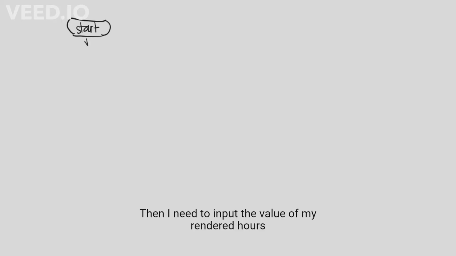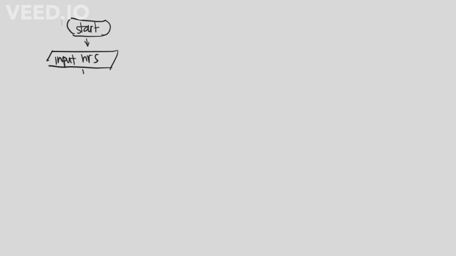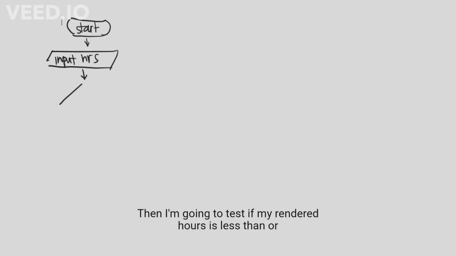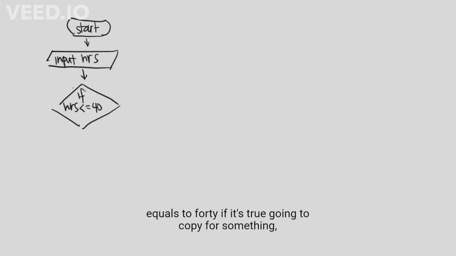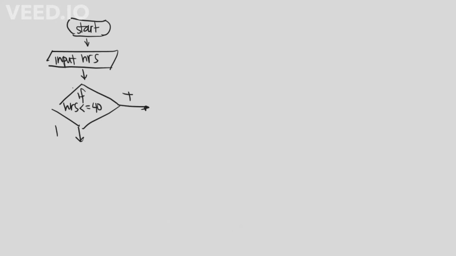So let's have the flowchart design. This will be start. Then I need to input the value of my rendered hours. Then I'm going to test if my rendered hours is less than or equals to 40. If it's true, I'm going to compute for something. If it's false, I'm going to compute for something else.